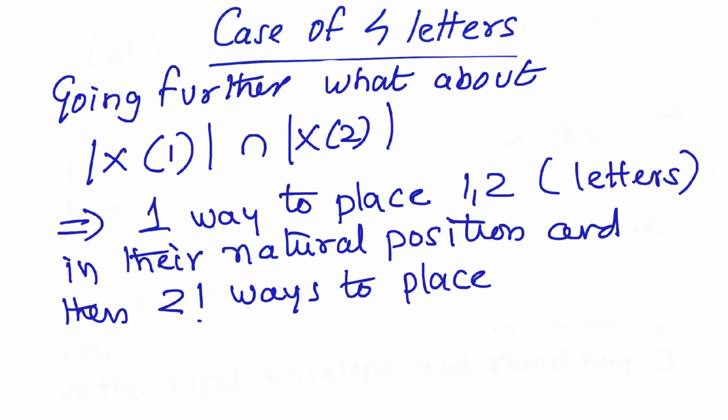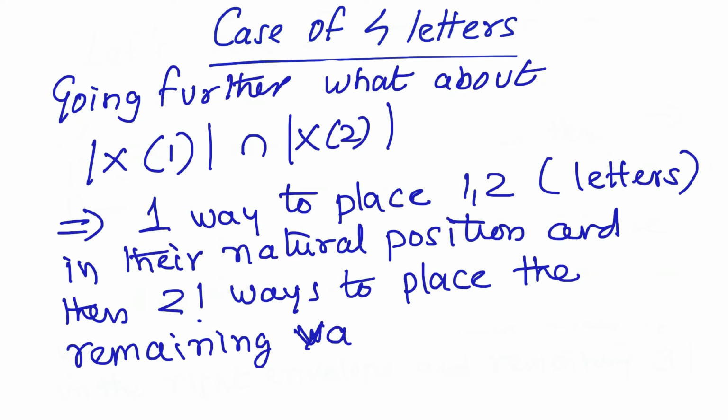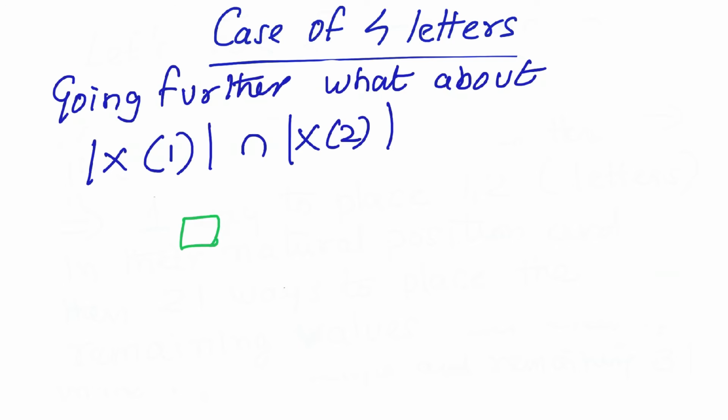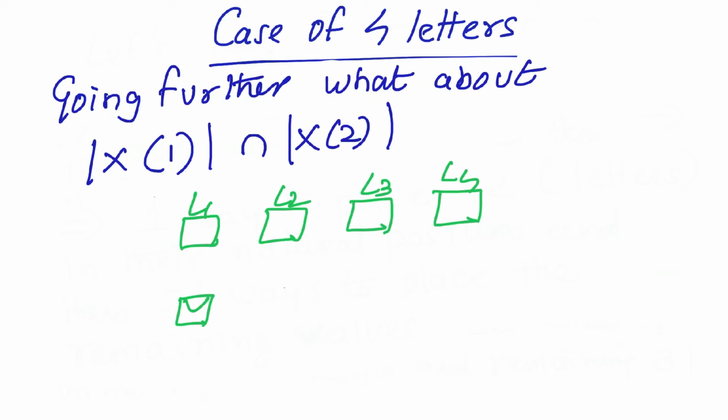So one way to place letters 1 and 2 in their natural position, and then 2 factorial ways to place the remaining values. And not the remaining values, we are looking at the envelopes. To put it in a diagrammatic manner, letters L1, L2, L3, L4, and envelopes E1, E2, E3, E4.